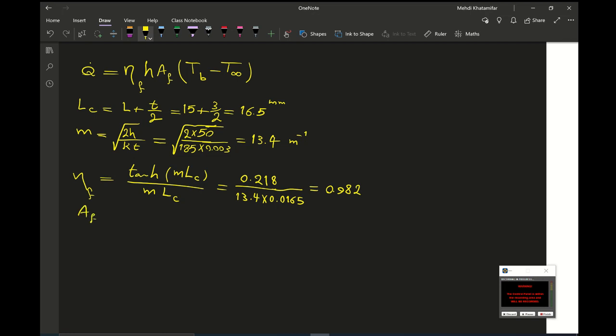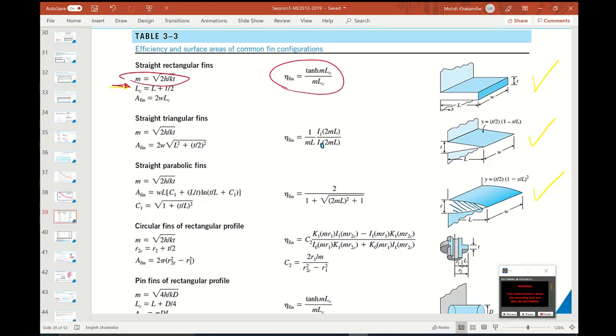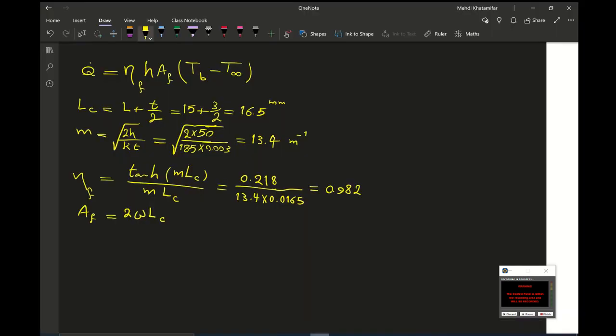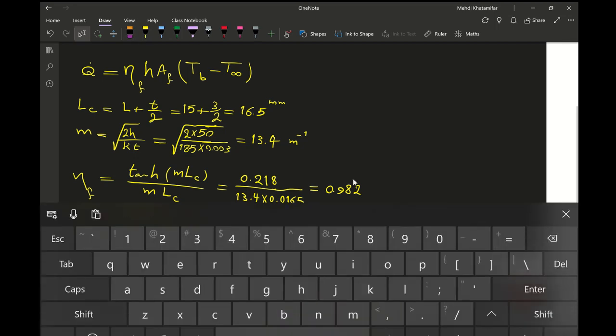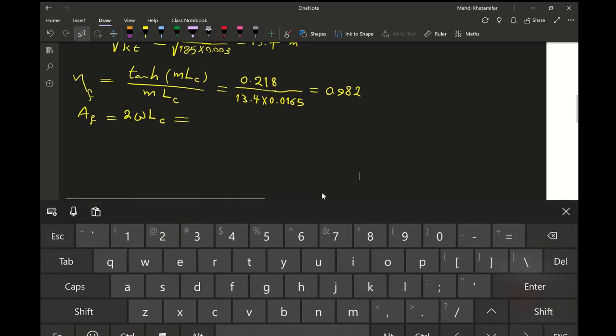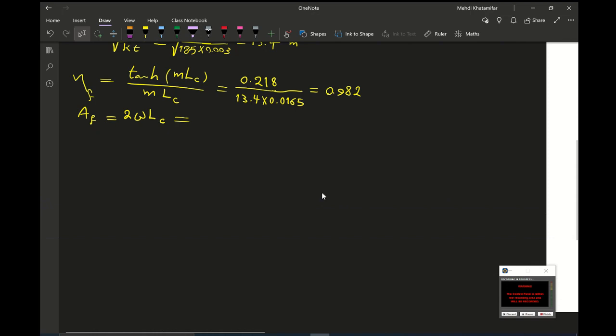Now I need to find the area of a straight fin, which is going to be 2WLc. Why? Because here it's given. I'm going to consider W as 1 and just remove all the values for depth.